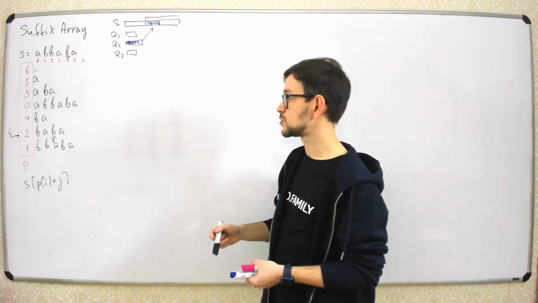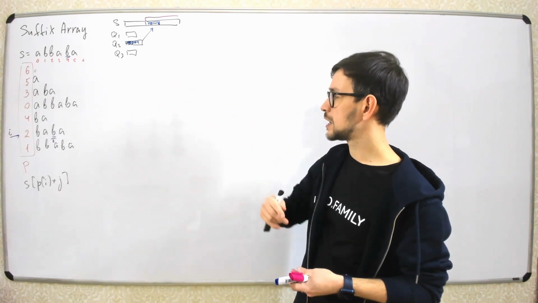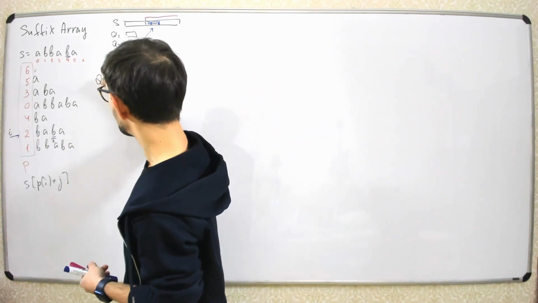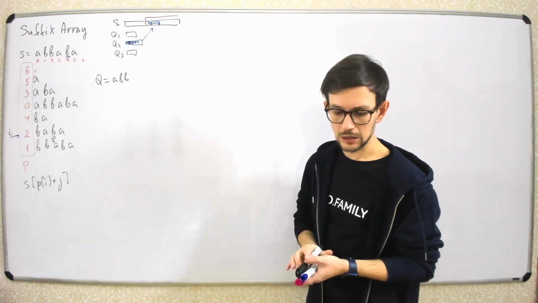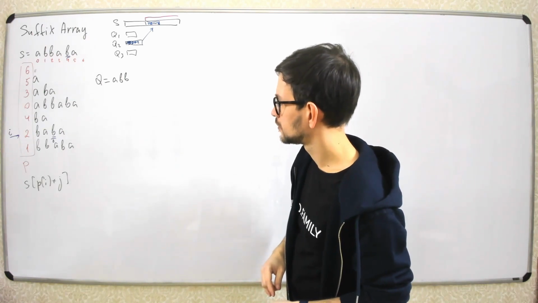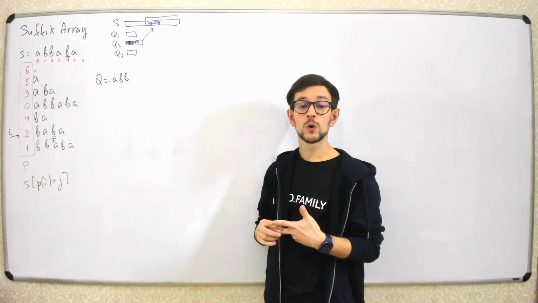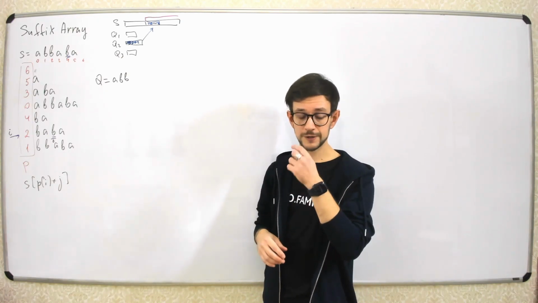How to find the suffix which starts with a given string? For example, let's take this text and try to find something, I don't know, ABB. So we have a query ABB. So what we need to do? We need to find a suffix which starts with the letters A, B, B, right?